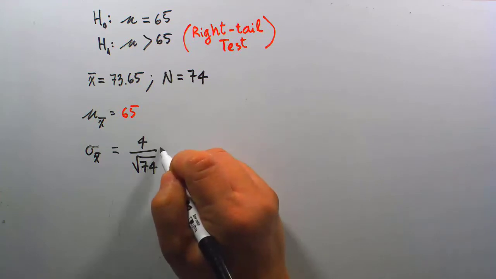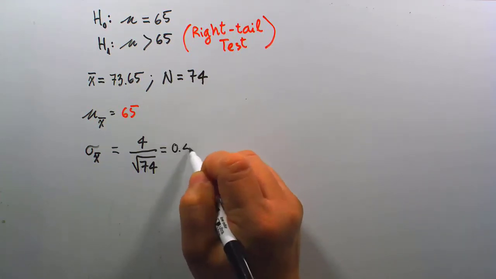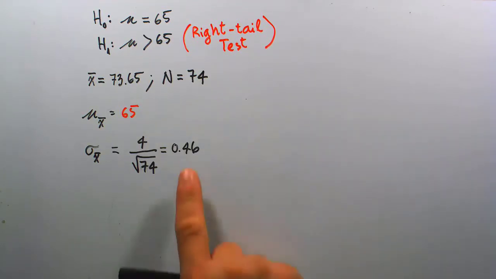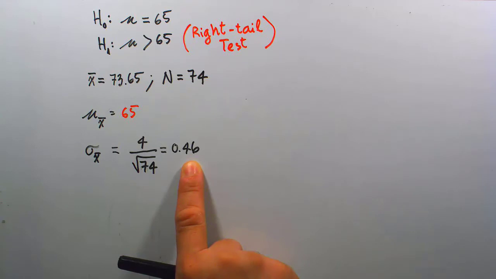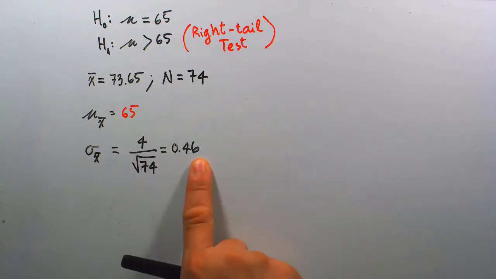The calculation comes out to be 0.46 in decimal. And depending on different applications out there, every problem will have different requirements for how many decimals to round for sigma x bar. So watch out for those different requirements in different problems.